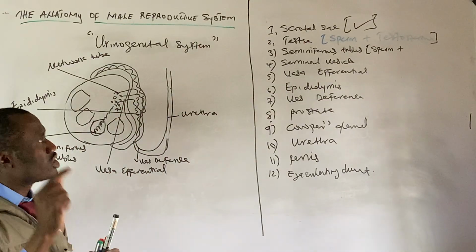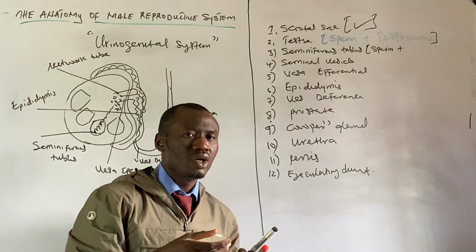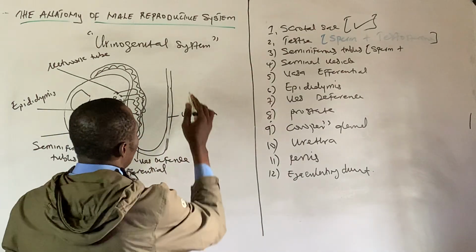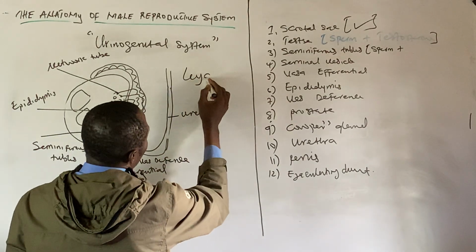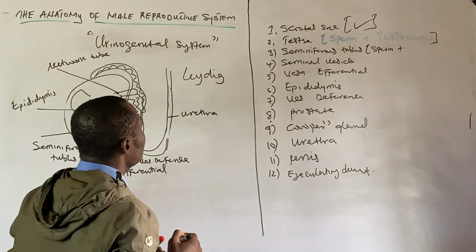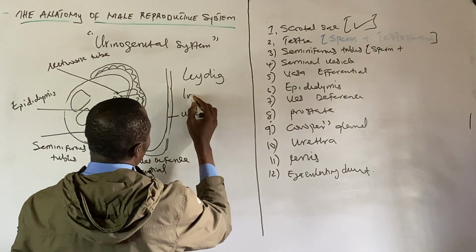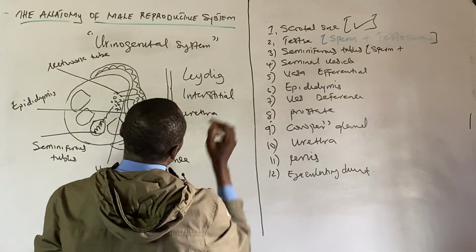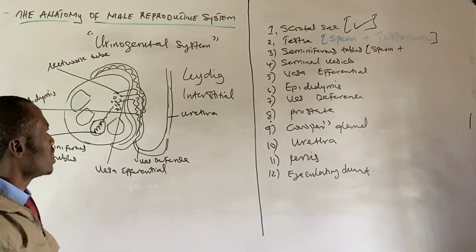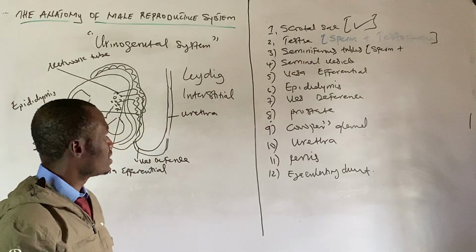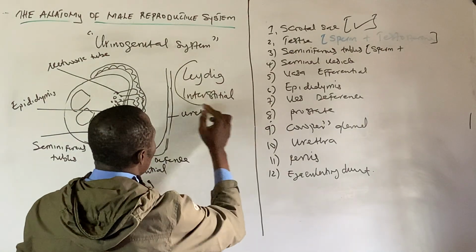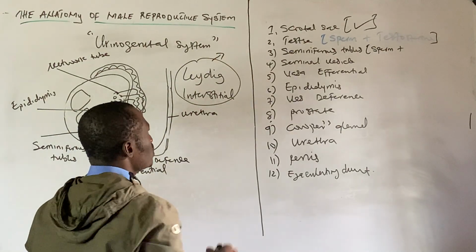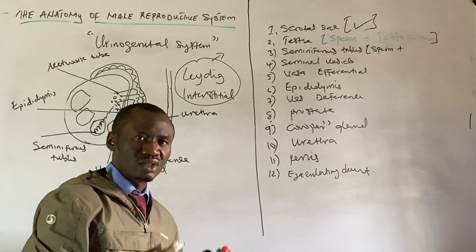Now, in the seminiferous tubules, there is a cell known as the Leydig cell. This Leydig cell is also known as the interstitial cells. The function of these cells is to produce the hormone known as testosterone.